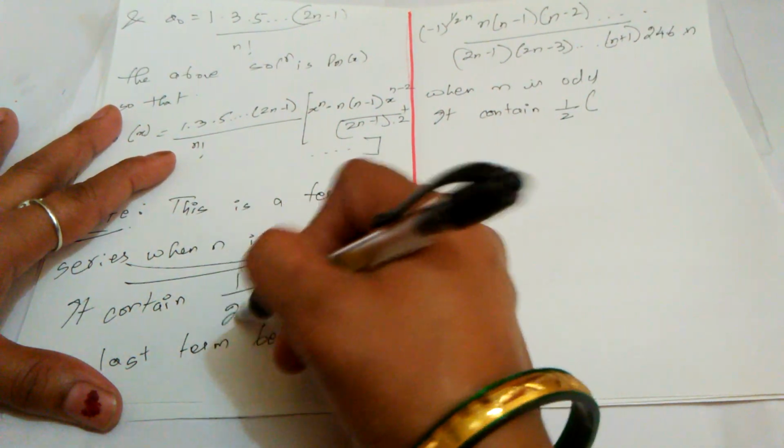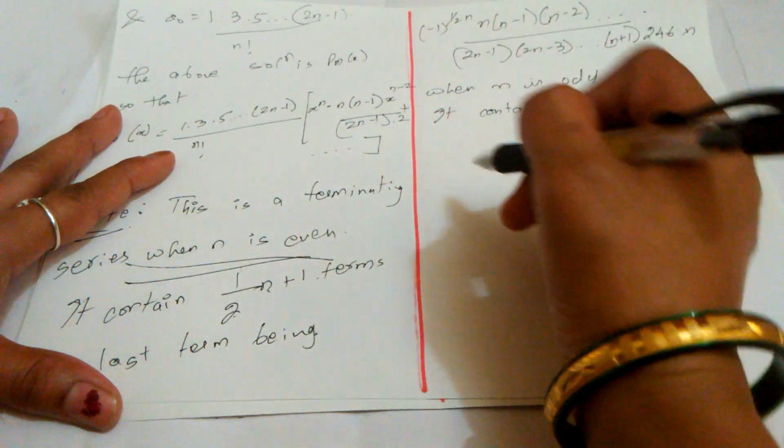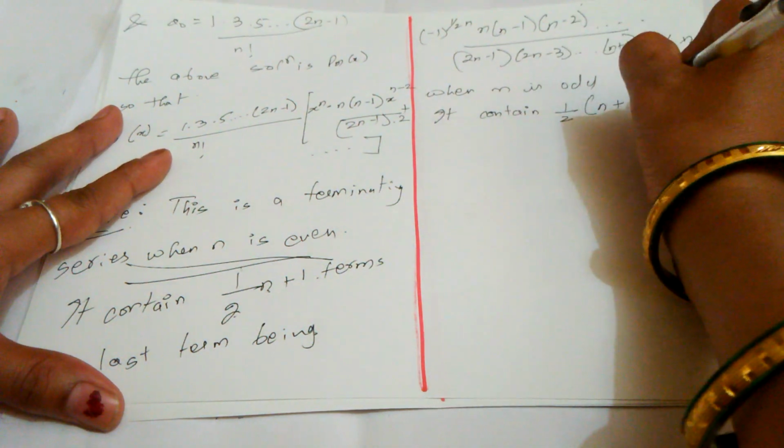Previously it was 1 upon 2 into n plus 1, but now it's in the bracket n plus 1.